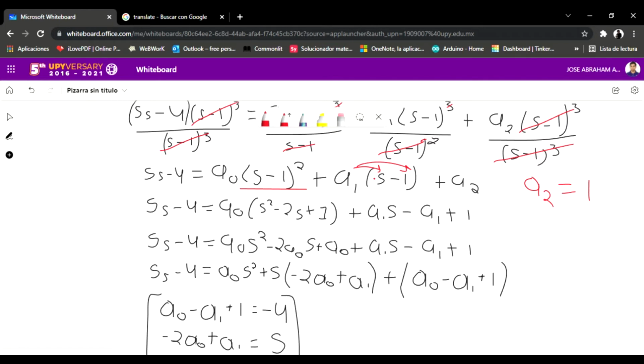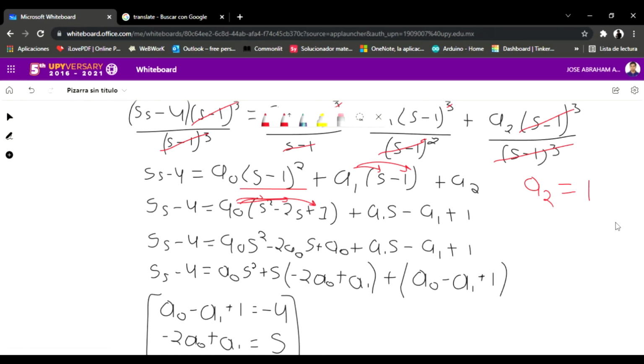And then doing this multiplication, we have a1s minus a1 plus 1, of course, and then we have to apply the same distributive property, with a0 multiplied by the s squared, the minus 2s, and the 1.